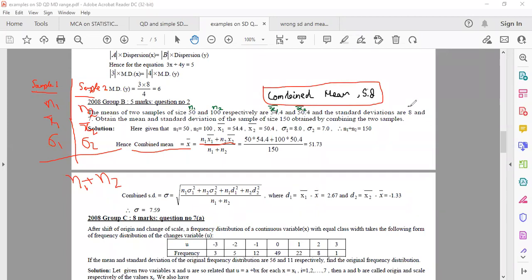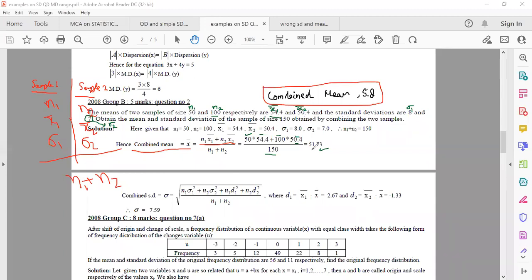This is sigma 1, the first group standard deviation, and this is sigma 2, the second group standard deviation. So when you try to find the combined mean, we get 50 into 54.4 plus 100 into 50.4 divided by n1 plus n2.